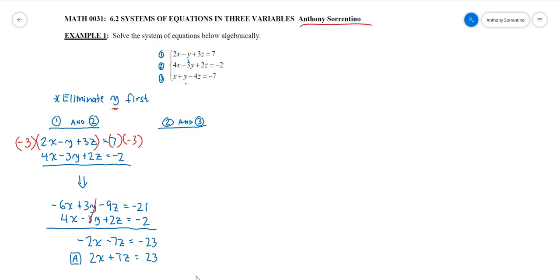When I do 2 and 3, now remember, we're here to eliminate the y's again. And the best way for me to do that, the easiest, is to multiply both sides of the equation by 3. I already have opposite signs on the y's. I just need to get a 3 in front of that y.